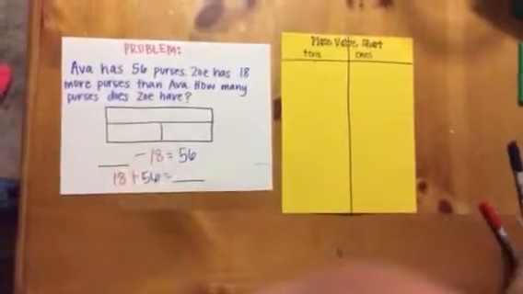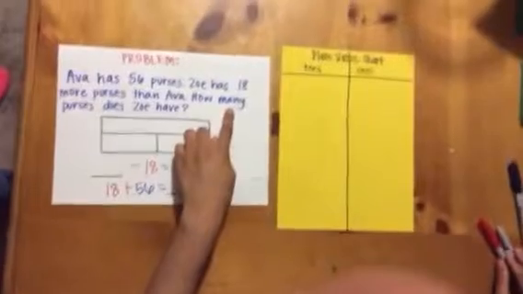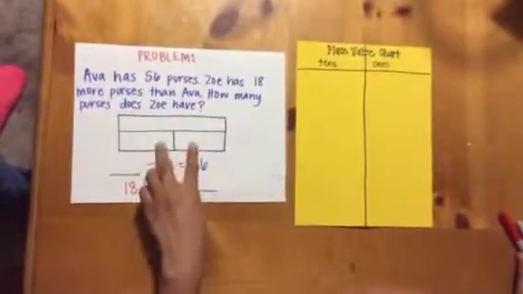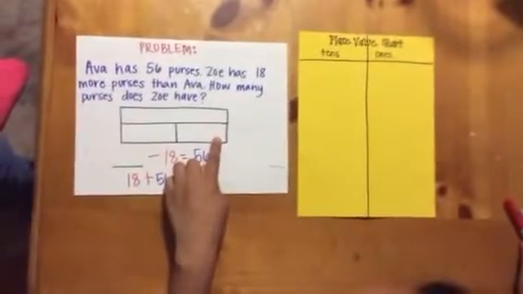Let's look back at our strip diagram. The top number is going to be our total, the amount of purses that Zoe has. The bottom two are the purses that Ava has, and 18.